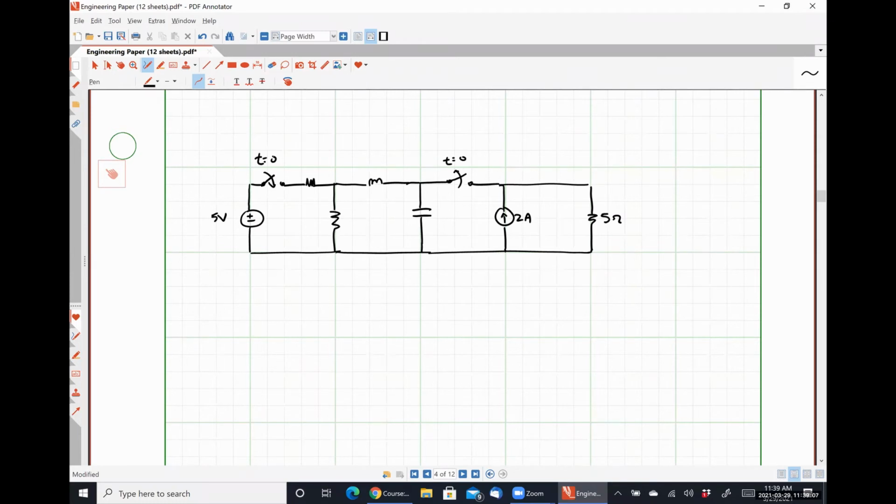So when we're looking at this guy during the transient condition, that means that this guy over here has been completely disconnected. And so we just have this voltage source that is connected to our resistance network in series with an inductor, in series with a capacitor.